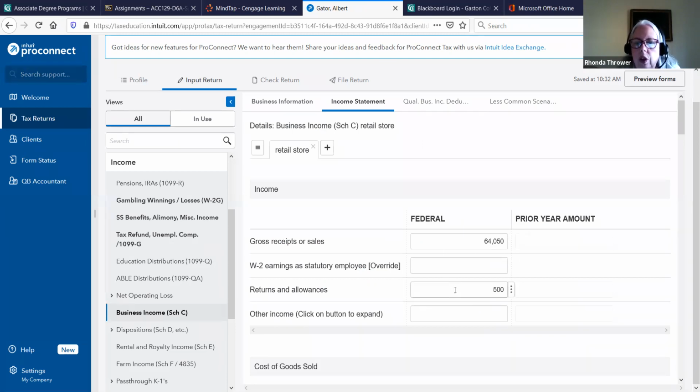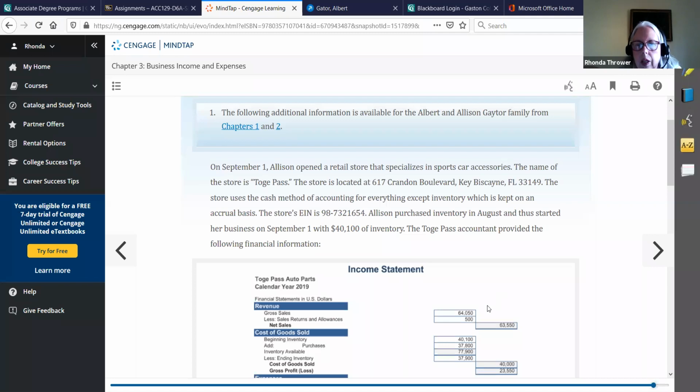Also, there were some sales returns that were given in the income statement problem information. They were $500. Again, I'm going to get that from the information. The sales returns and allowances on the income statement was 500.